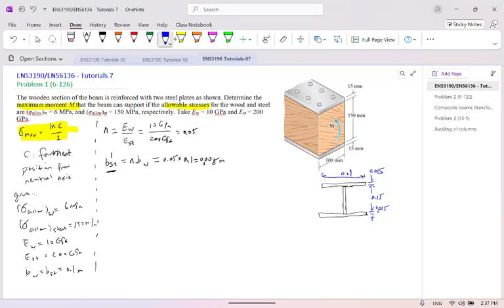This one is the transformed part, but because of the I-beam, we have done it a lot of times, so I will not give you all the details. The neutral axis should be within the structure, in the half of the height, at the center. So that is the neutral axis. That's the easy way for us to work it out.